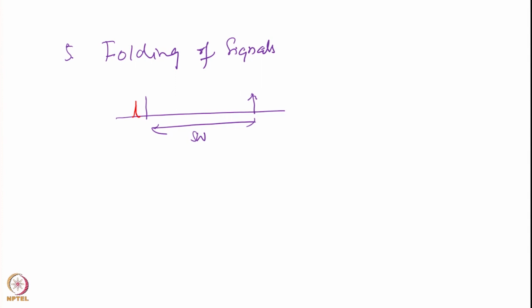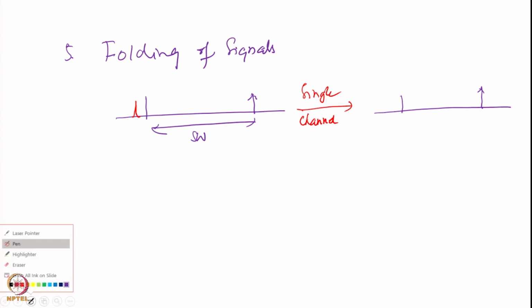If you are doing single channel detection, then in your spectrum this was the region which you chose, and this last signal which you have missed will appear inside here with a distorted phase.